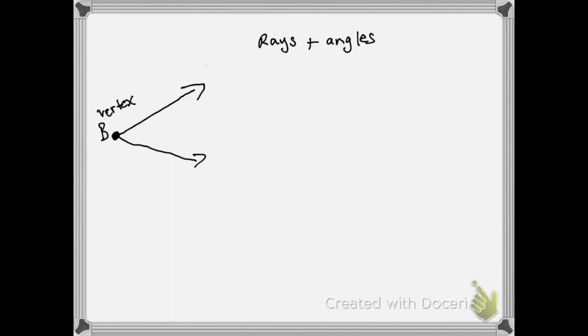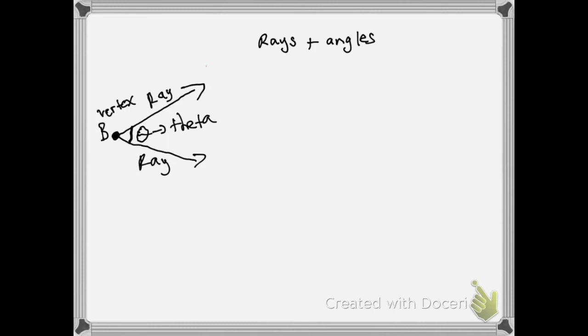We call the measure of this angle, whatever that measure is, maybe 30 degrees, 40 degrees, we call the measure of that angle theta, okay? Theta, we spell it this way. That simply means the measure of an angle. So we have a ray and a ray, okay? There, now you have all the vocab you need.